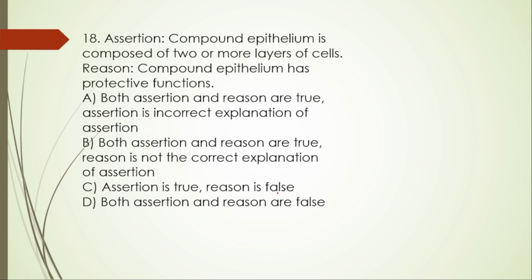Next one, that is the 18th one. Once again, an assertion and reason type of question. Assertion: compound epithelium is composed of two or more layers of cells. Yes, of course, this is right. Compound epithelium consists of multiple layers of cells, unlike simple epithelium, which has only one. And then the reason: compound epithelium has protective function.